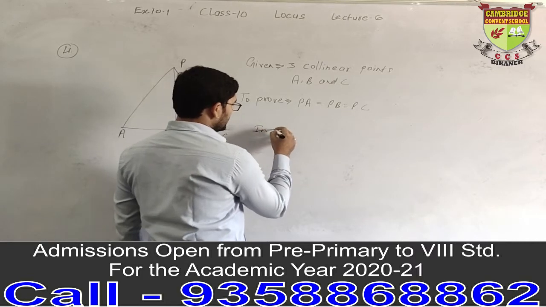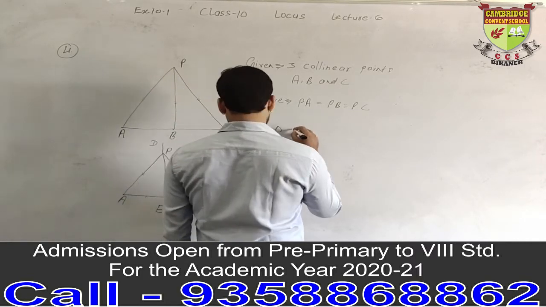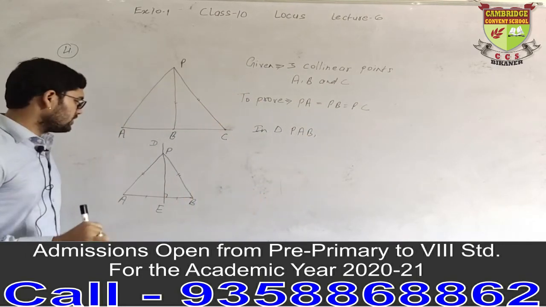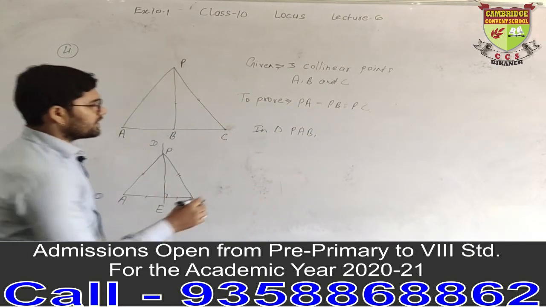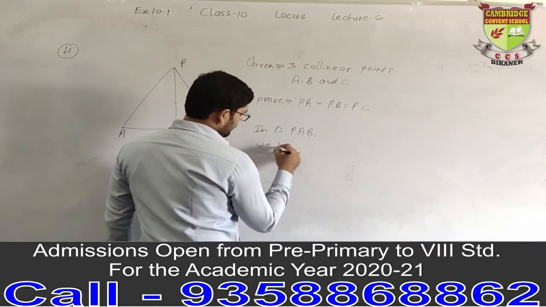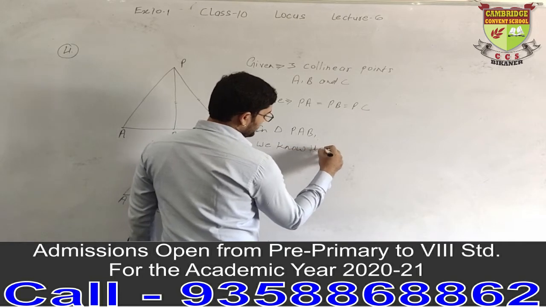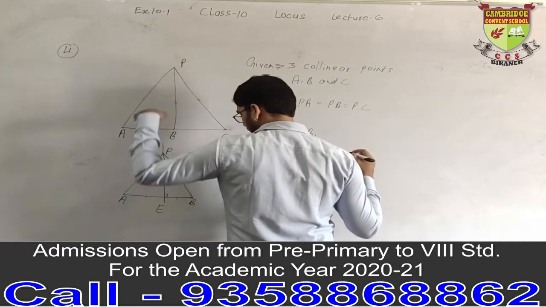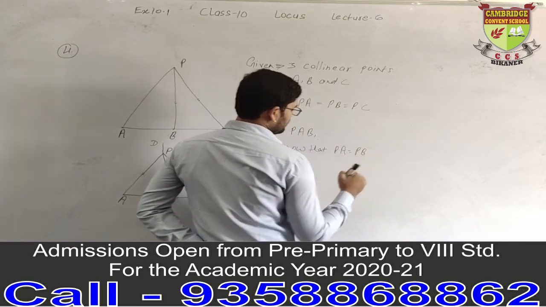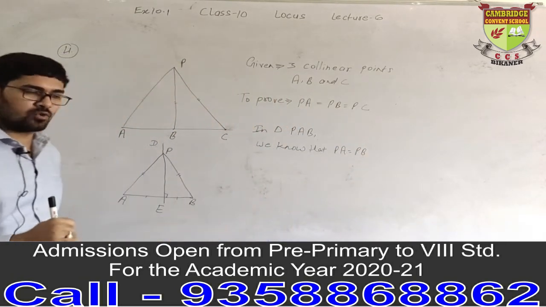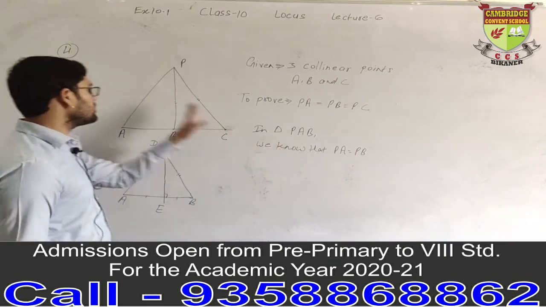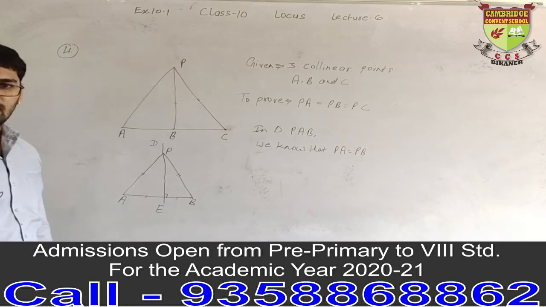In triangle PAB, we are assuming that PA equals PB. Why? Because we took this as an assumption.